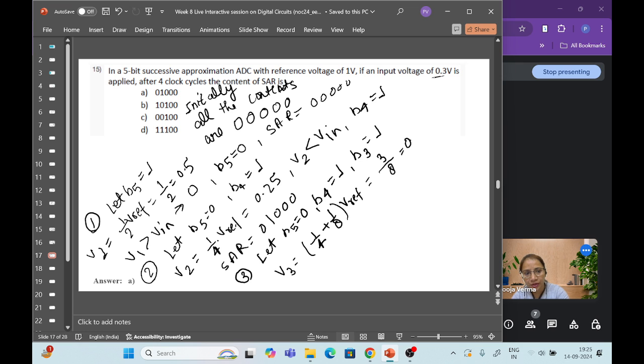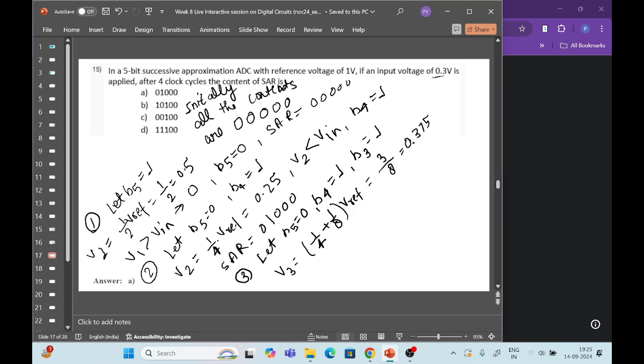We will get 0.375. So 0.375 is greater than V in. That means whatever assumption we have taken is wrong. V3 is 0. So the content of the SAR will be 0, 1, 0, 0, 0. Okay, it will remain the same after 3 clock pulses. Now check for the next clock pulse.